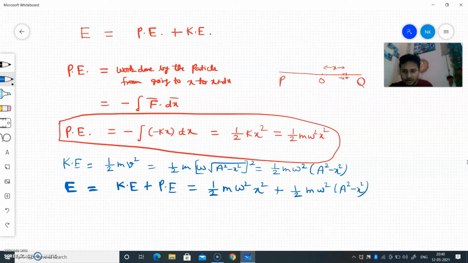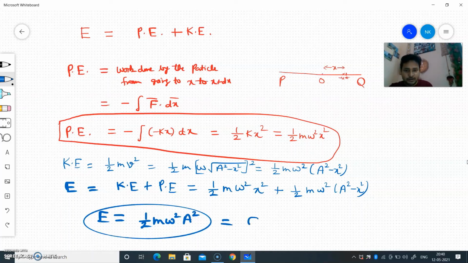So this will be cancelled out, and E is nothing but half m omega square A square. Thus we see that total energy is constant. So the total energy of the system is constant.